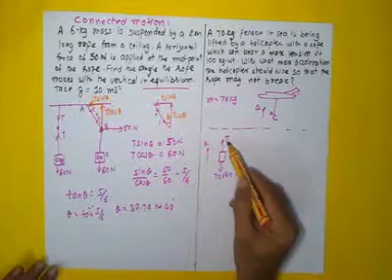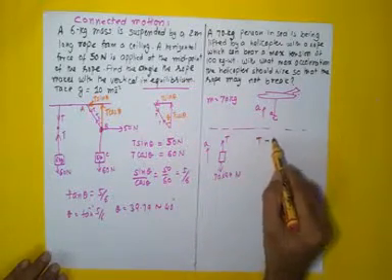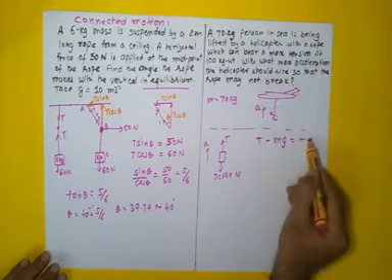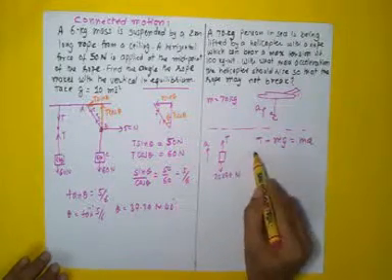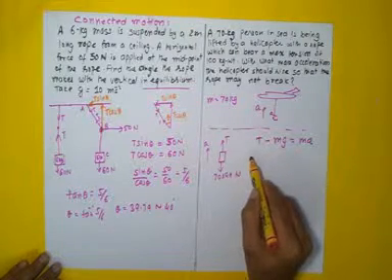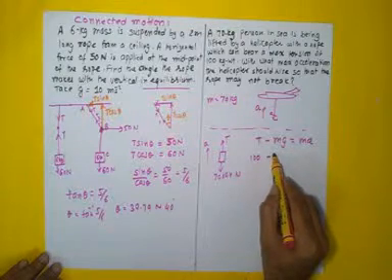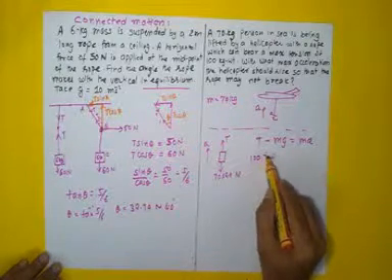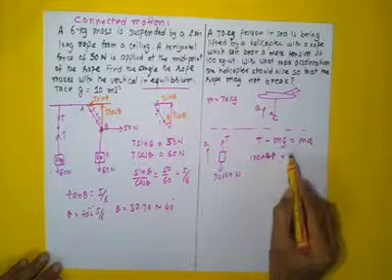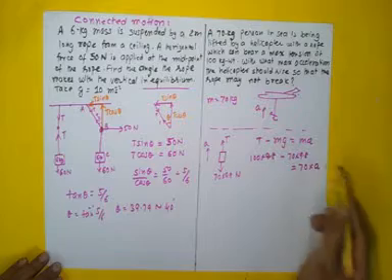So we'll have to take this particular equation. The equation that we'll get is T minus mg is equal to ma. T is 100 kg weight, so T would be 100 multiplied by 9.8, minus 70 into 9.8 is equal to 70 into a.